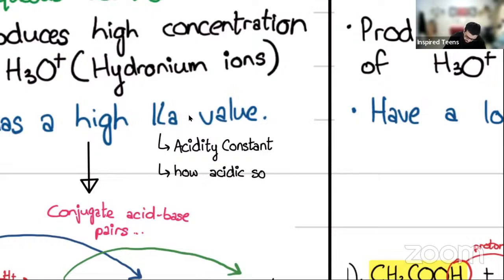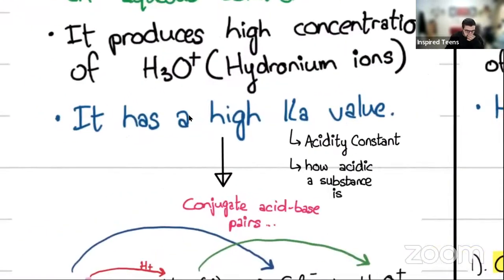It tells us how acidic something is, so it's like an acidity constant. It's not something that we will work with in calculations, but we do need to understand that a strong acid would have a high Ka value. When we talk about high, we would refer to a Ka greater than 1.